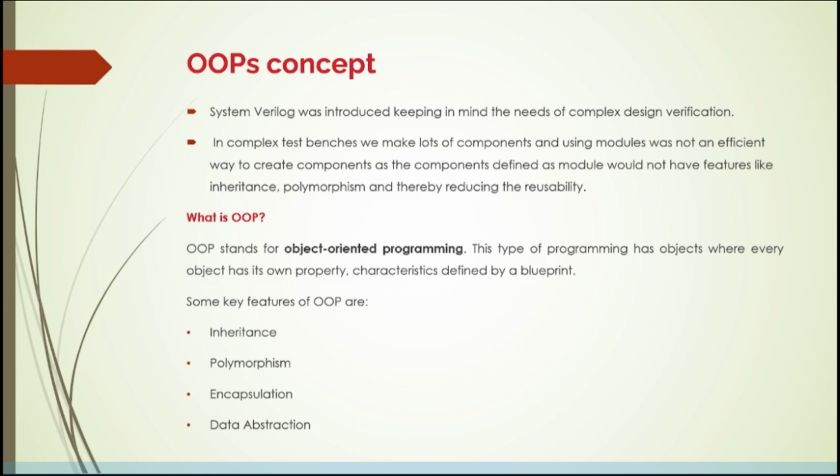Now coming to car, it consists of some more properties like engine, seat belt, gears, all these things. Similarly, a truck consists of its individual properties.